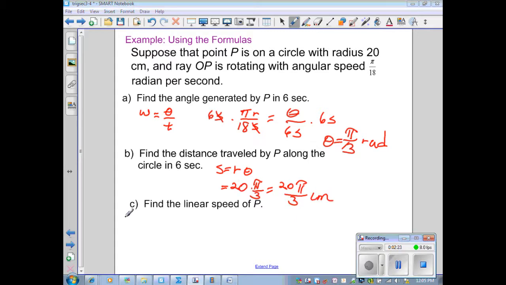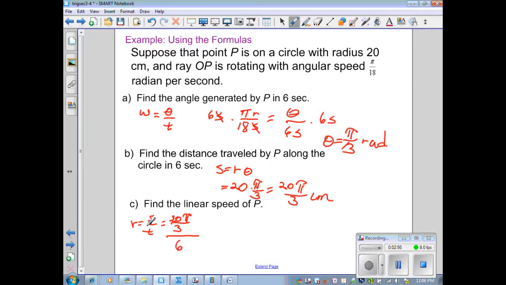For part C, they want us to find the linear speed of P. Well, we know from our previous page that velocity is equal to S over t. We already determined what S is from the previous part B, which is going to be 20 pi over 3 centimeters. And I know that t is given to be 6 seconds.